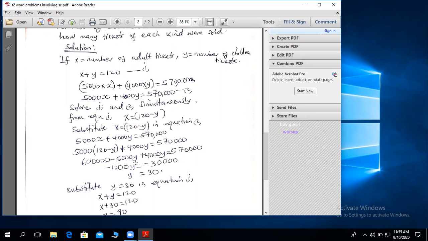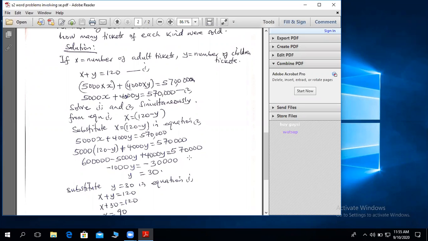When I collect like terms, negative 5,000 plus 4,000, the answer is negative 1,000 Y. Then when this 600,000 crosses the equal sign, it becomes a negative.